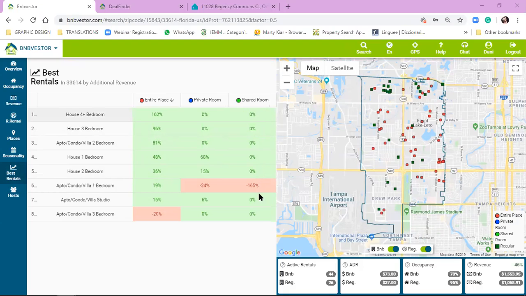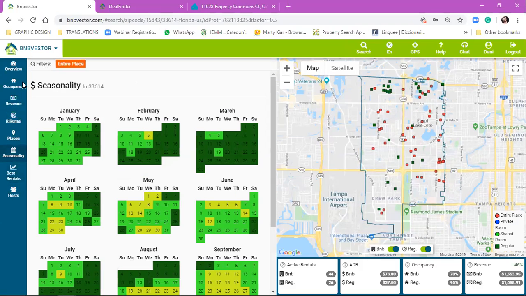And for shared room, when it's 0% or a negative number, it must be that we don't have sufficient data to import, and that's why it doesn't throw in any data. Okay.